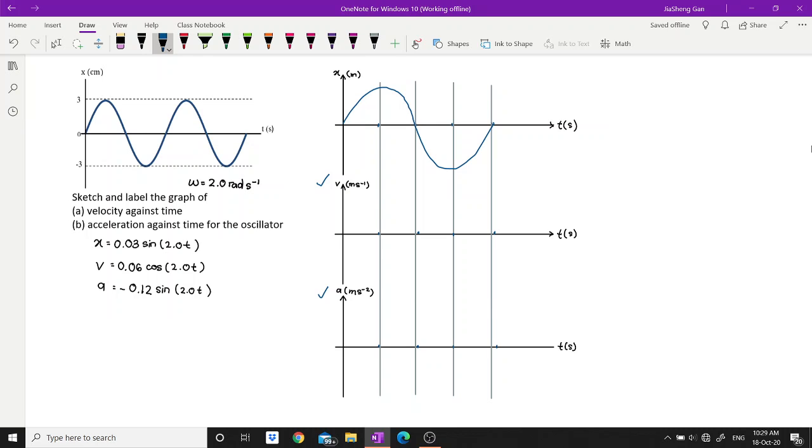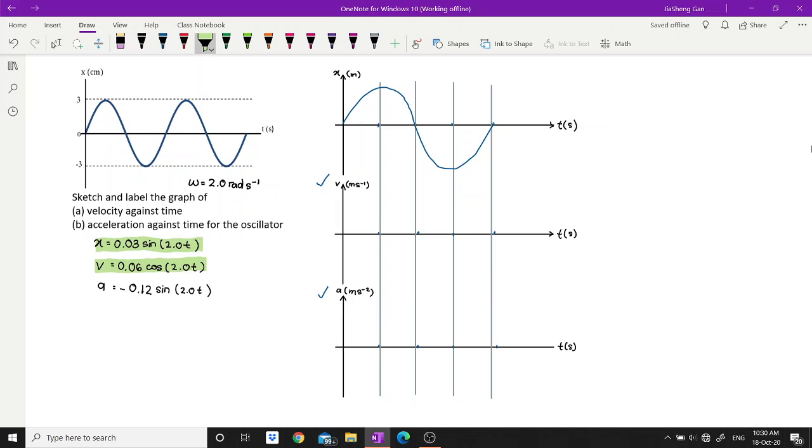Okay, so we have constructed the equation in the previous video for this displacement time graph up here. We've constructed it to be x equals to 0.03 sine 2.0 t. Then after differentiating it, we obtain the equation for velocity, which is v equals to 0.06 cos 2.0 t.